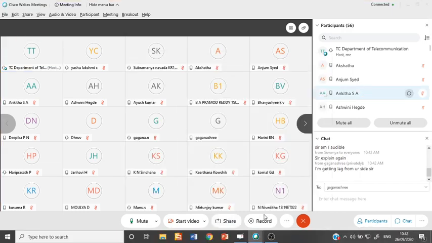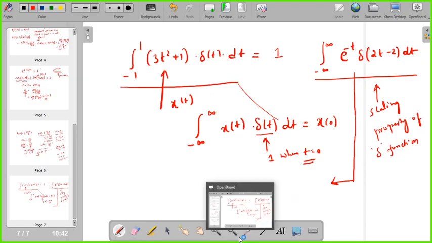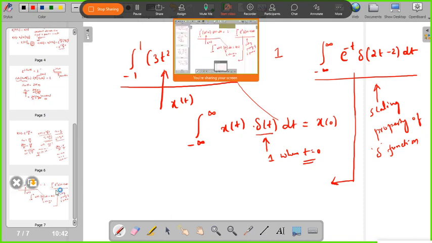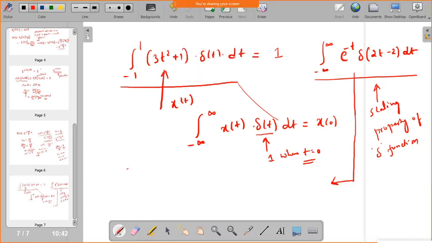So now just use the scaling property of the delta function here. The integral from minus infinity to plus infinity of e power minus t. Now take out the value of 2 outside the parenthesis, so you will get t minus 1.